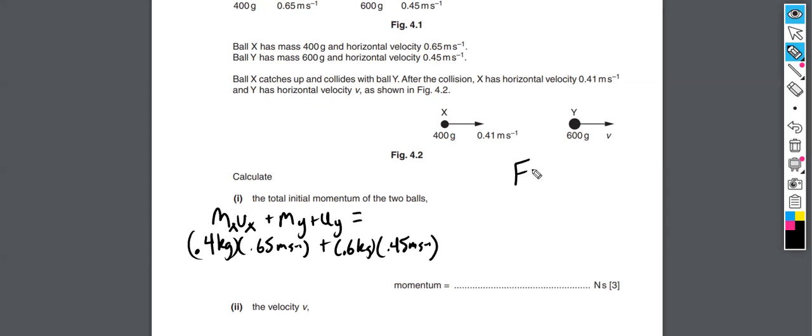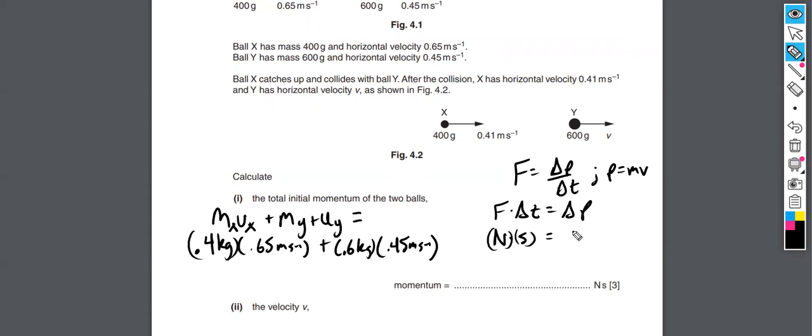Remember that force is the rate of change of momentum. And if we multiply both sides of this by delta t, we get force times time equals change in momentum. This is called impulse. Impulse equals the change in momentum. And it's a clear way to see the units: Newton seconds, Newtons of force, seconds of time, are the same thing as the units of momentum, where it's mass in kilograms times velocity in meters per second.